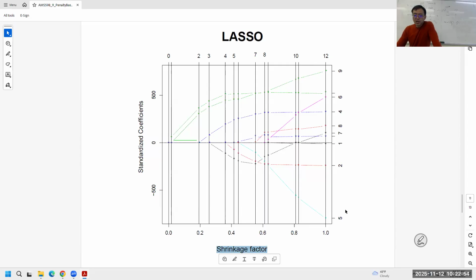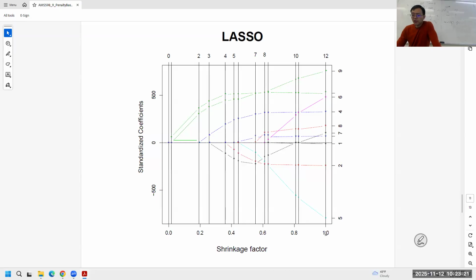What this shows is, at a different shrinkage factor, a different penalty, a different lambda, how the coefficients change. If you apply different lambda to the regression, you can calculate a set of betas, beta 1, beta 2, up to beta 9, and if you plot them out, you can see how their trajectories change.